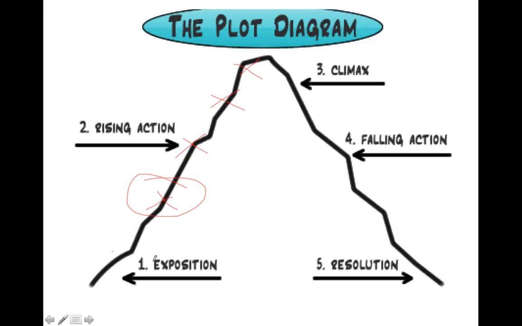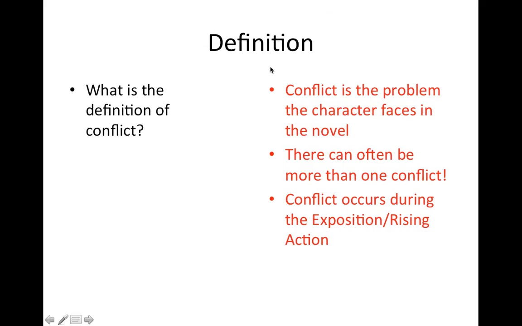Now, if you guys remember the exposition, we get our setting and we get our characters, and then in the rising action, we get all of our events that lead up to the most exciting part of the novel. So conflicts will occur between finding out about the setting and characters of the novel all the way up to the most exciting part. When you have a short story, you usually have one conflict, but when you have a large novel like we are reading, you'll have more than one conflict.